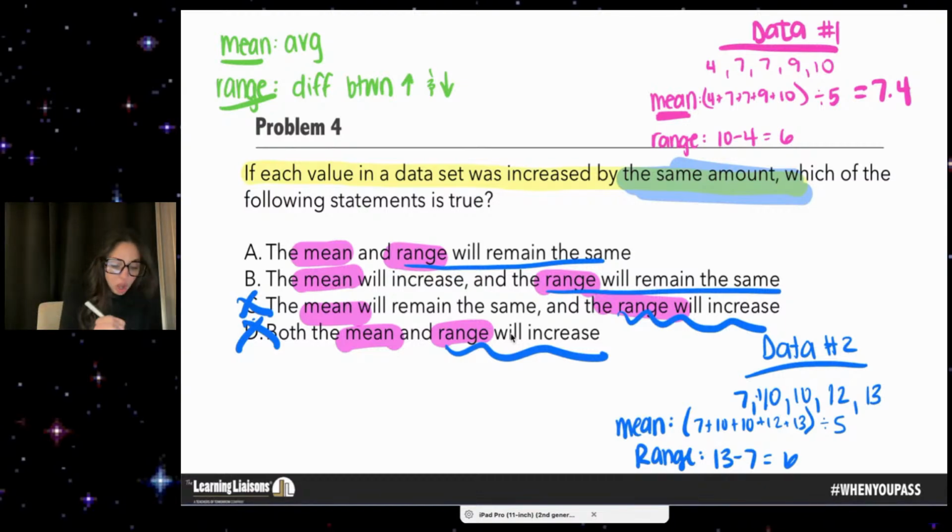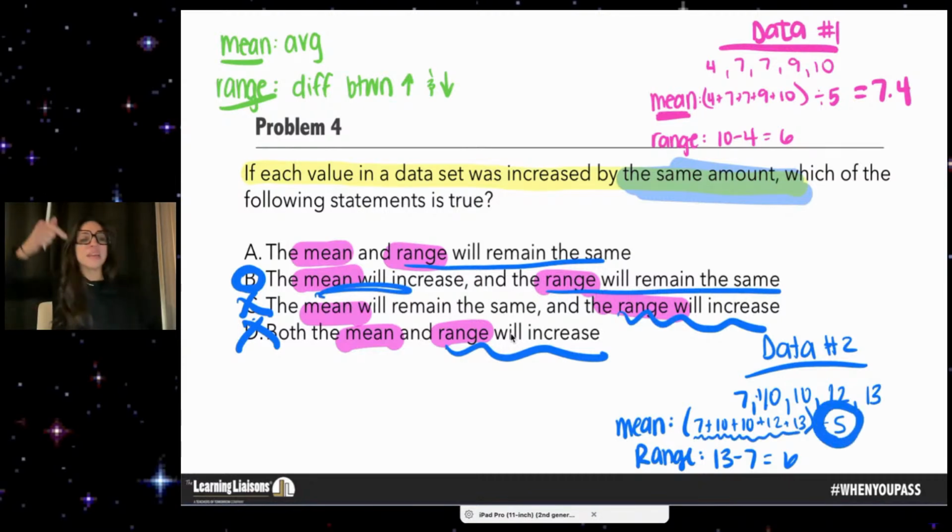Naturally, the mean is going to increase because my values in my data set are increasing, but I still have the same number of data pieces. And if you could not see that right away, you don't need to worry about that. It's okay. Let's go ahead and look at it in a calculator just to confirm, because sometimes our brains just like to confirm. 7 plus 10 plus 10 plus 12 plus 13 equals 52 divided by 5 is 10.4.